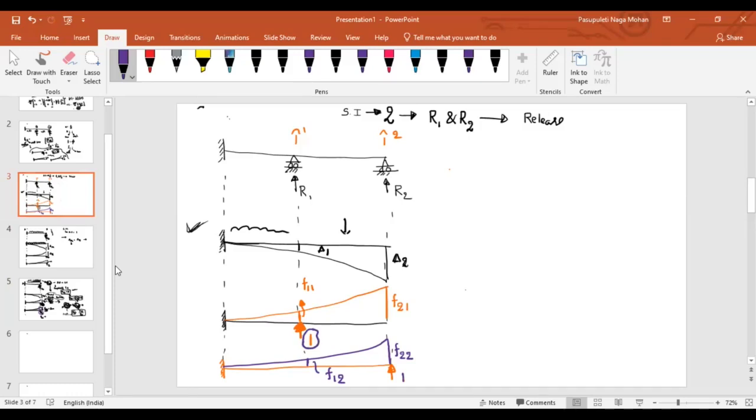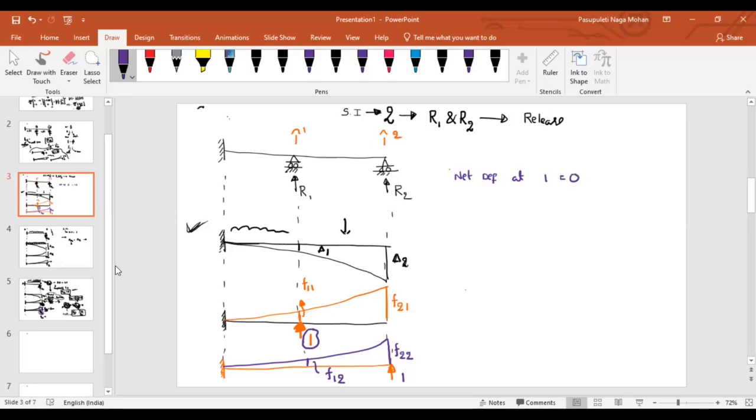tell me, deflections are possible only at 1 or deflections are possible at 2 also? Deflections are possible at 2 also, sir. This is where the difference comes, isn't it? So, if you want to find out the reaction at 1, what we have to do? Net deflection at 1 should be equal to 0.